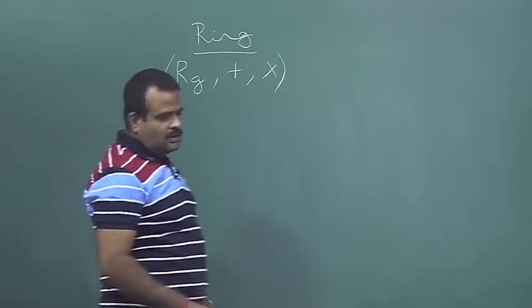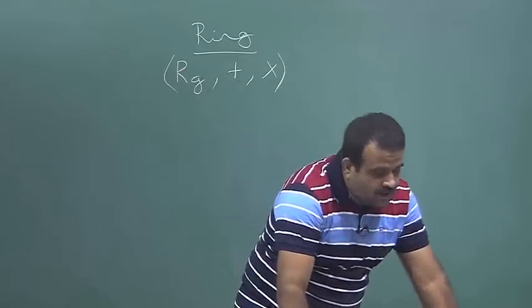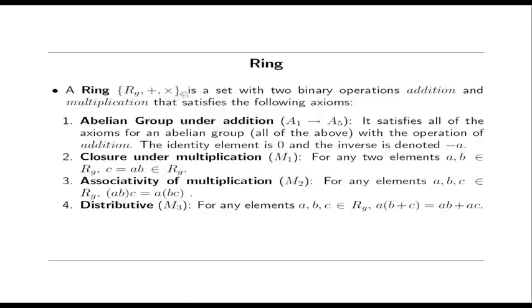So, one is plus, one is multiplicative, and this is our set. If this satisfies the following four properties, then this algebraic structure is called a ring. The first property is telling that it must be an abelian group under the plus operation.